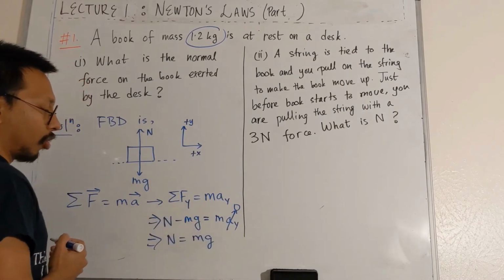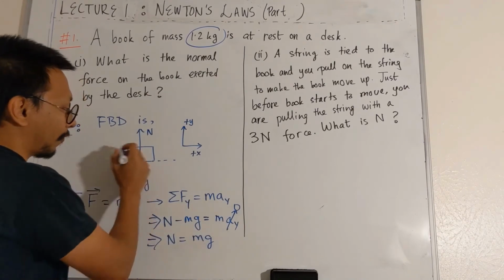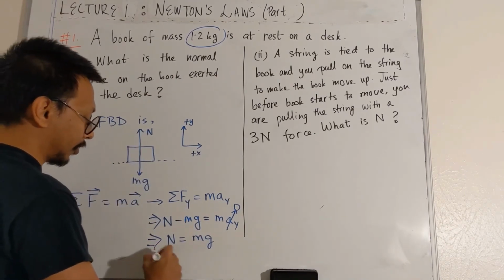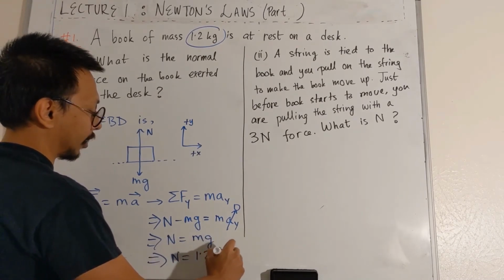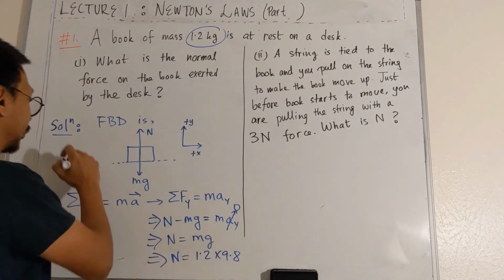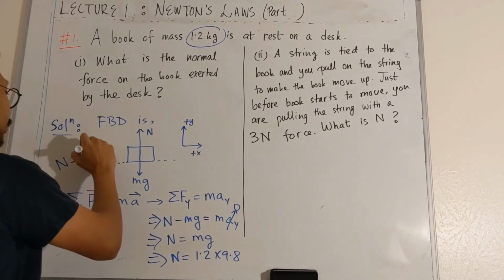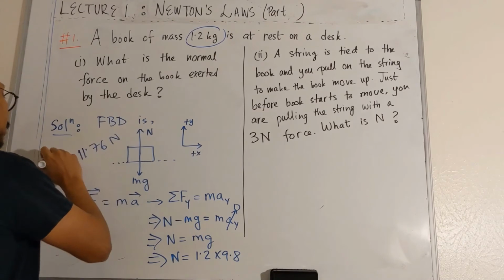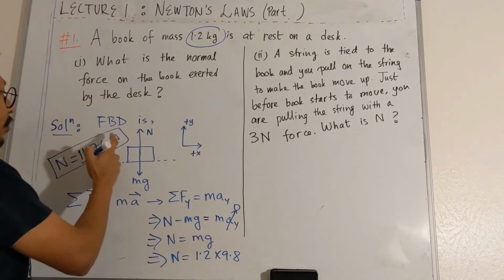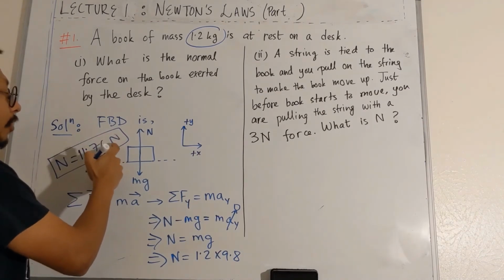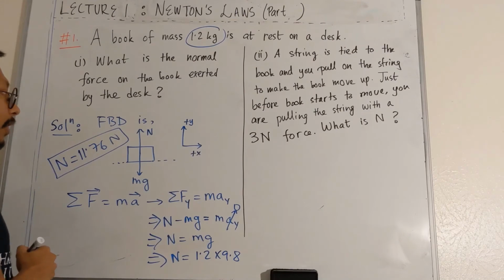So normal force is actually just the weight of the book, which turns out to be N equals 1.2 times 9.8, which is N equals 11.76 newtons. So don't confuse this N with that N. This N refers to the unit of force, which is Newton, while this N refers to the normal force magnitude.